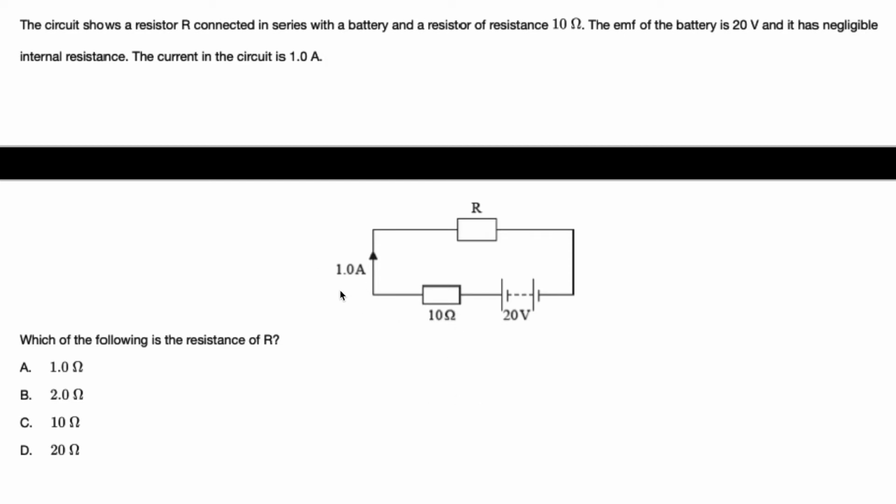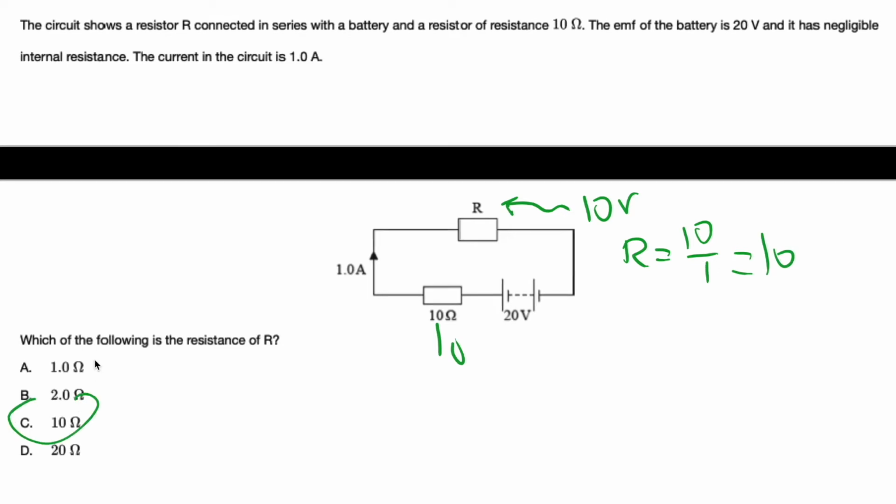So here, current of 1, resistance of 10, so it's going to have a voltage of 10. Then here the voltage will be 10. Resistance is going to be equal to 10 over 1, which is equal to 10. So C is the answer.